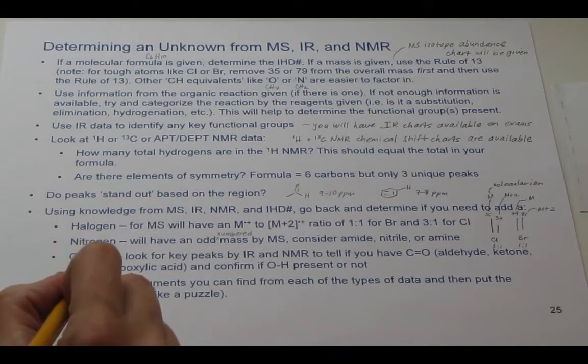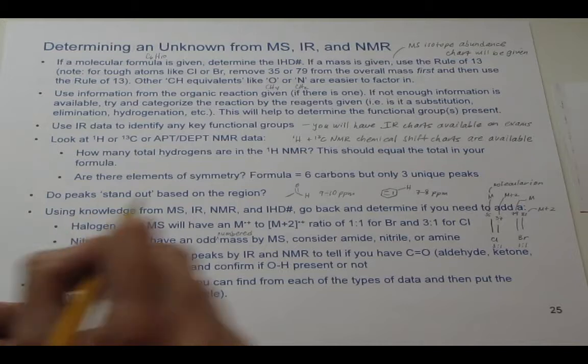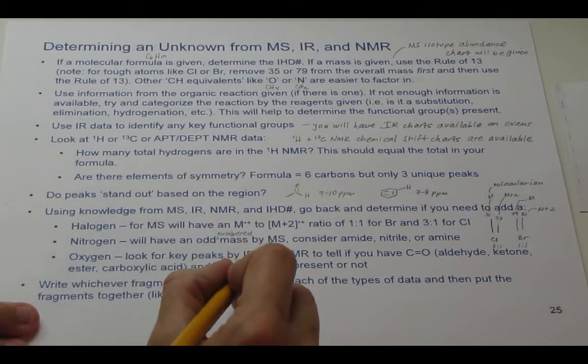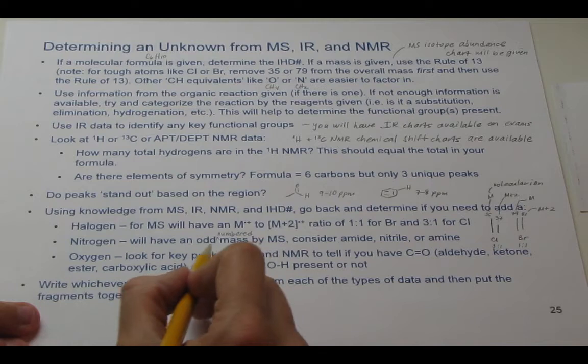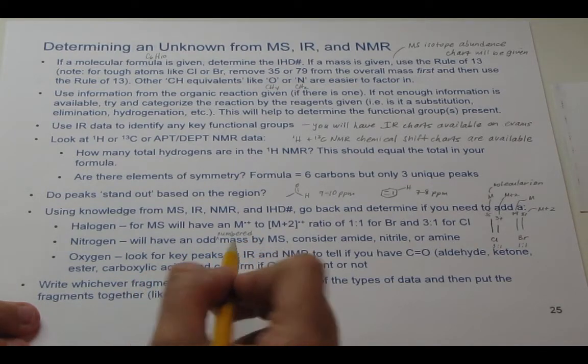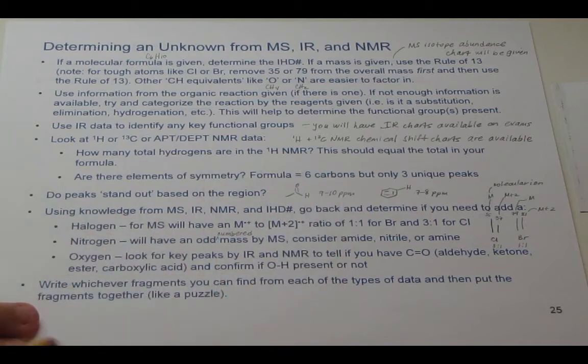Nitrogen, I had forgotten to mention this, but it is in your notes, will have an odd numbered mass by mass spec. So for instance, if we have a problem and the mass was 117 AMU, then we would know that molecule must have an odd number of nitrogens. And so it could have 1 nitrogen or 3 nitrogens and so on. In this class, though, we'll consider that it only has 1 nitrogen.